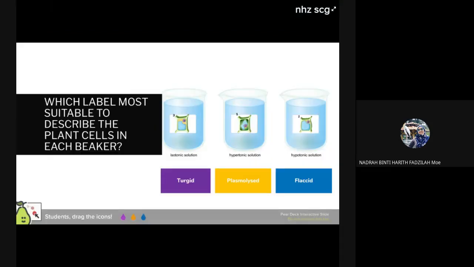Okay, we have a similar question here. Which terms that we use to describe the plant cells in each beaker?